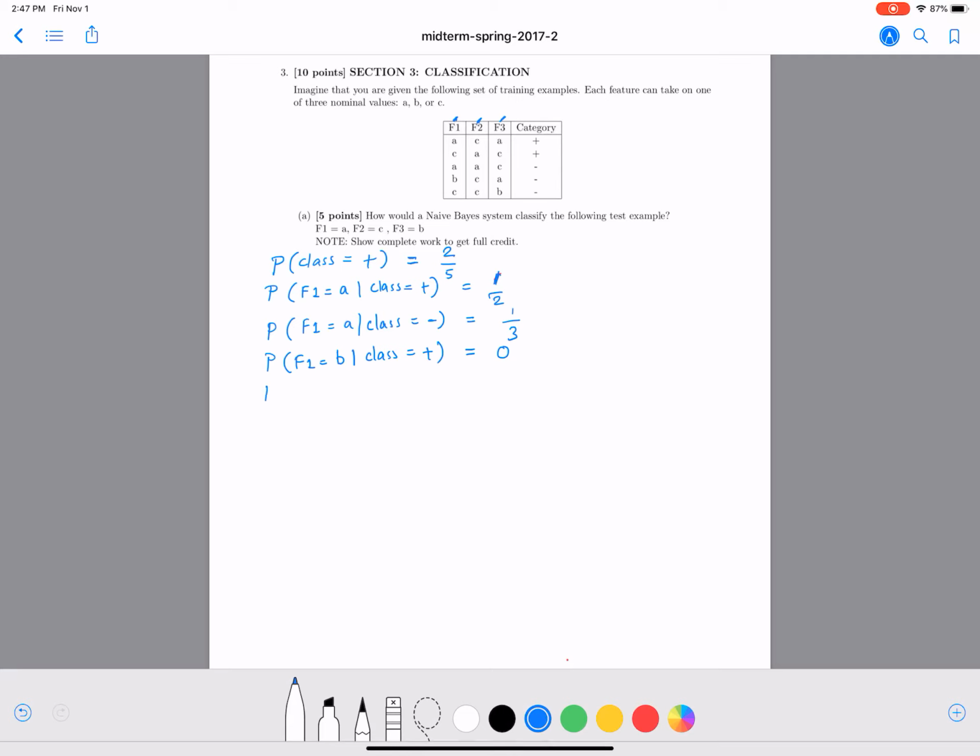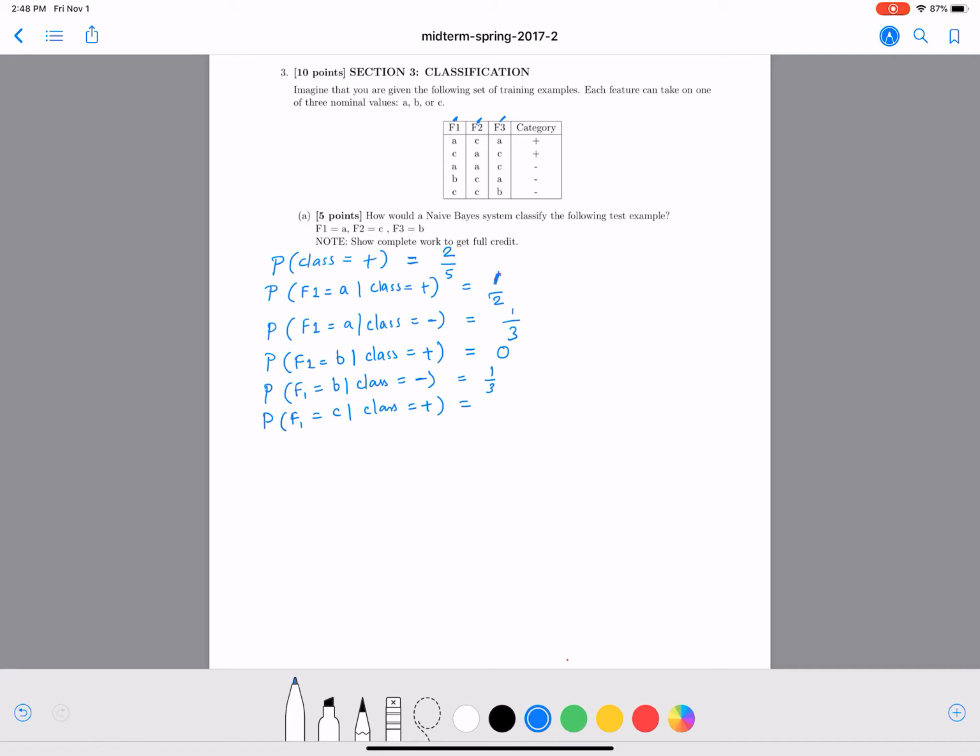Then we have probability of feature 1 is equal to B, class equal to minus. So how many feature 1 equal to B when class is minus? 1 out of 3. Probability of feature 1 equal to C, class equal to plus. We are calculating them in order.